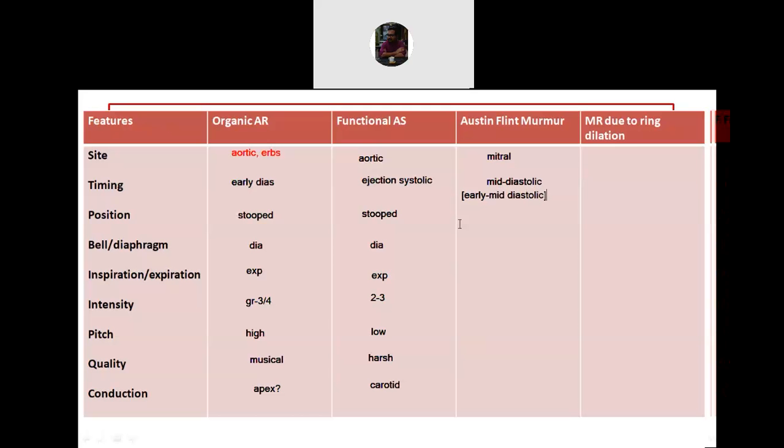The left atrial congestion will lead to pulmonary venous congestion. The pulmonary venous congestion will lead to raised pulmonary capillary wedge pressure. Which will then lead to pulmonary edema.